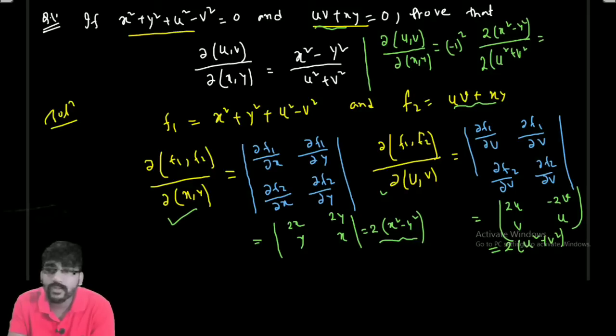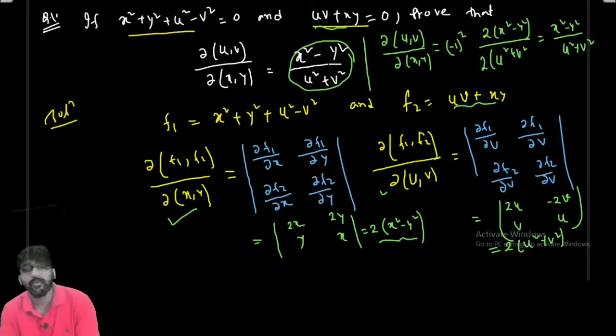So you finally get (x² - y²)/(u² + v²). This is the required result. This is how you can use the properties of Jacobian. These are the important properties of Jacobian.